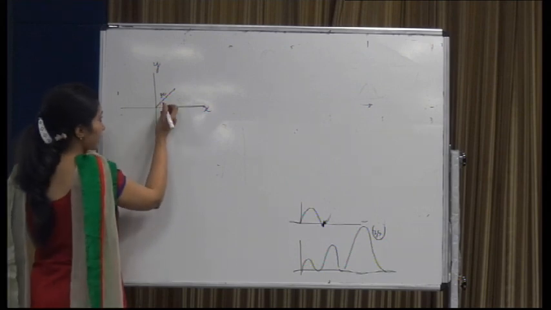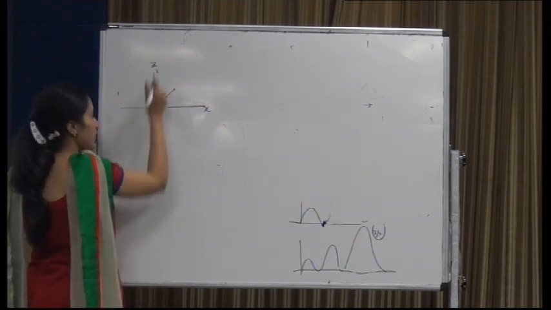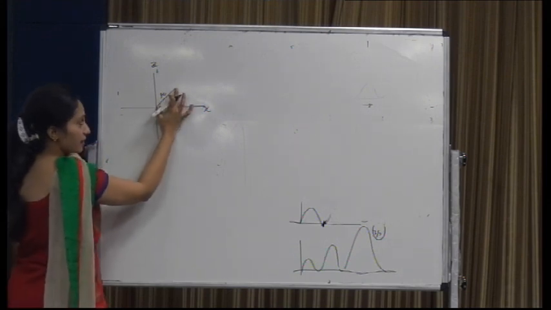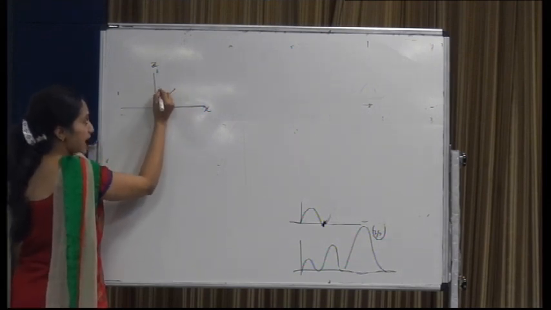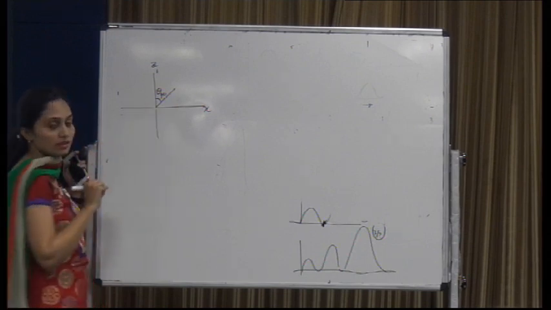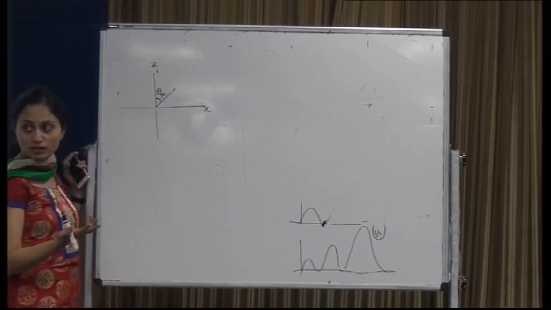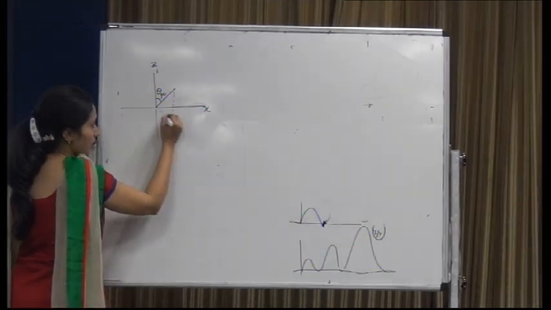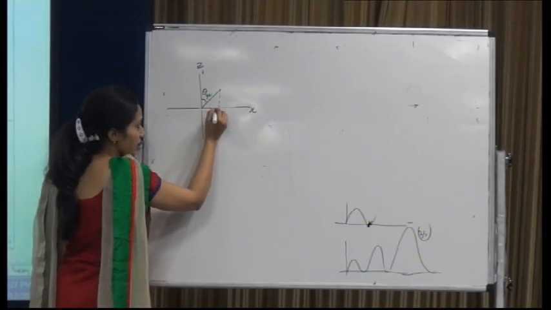The angle that, say this is my z axis and let y be coming out. The angle that this radial part makes with the z axis is known as theta. ये मैं बता रही हूँ, ठीक है. And the angle that my projection makes with the x axis is generally phi.